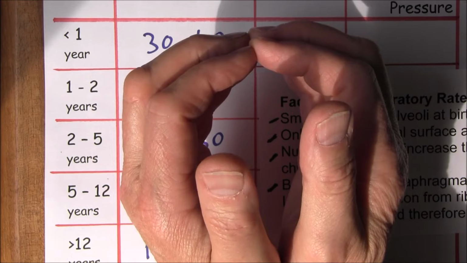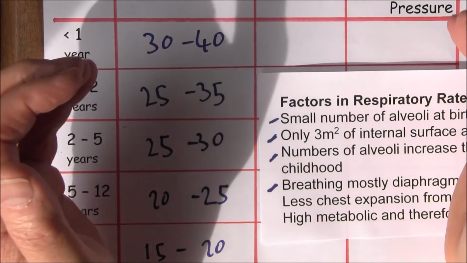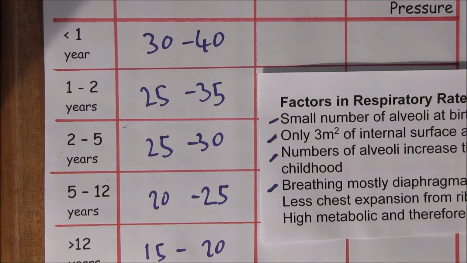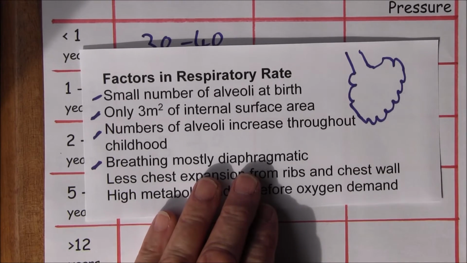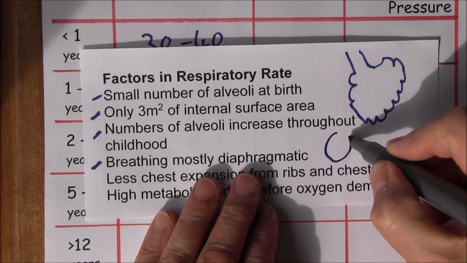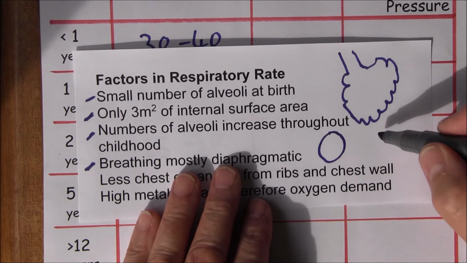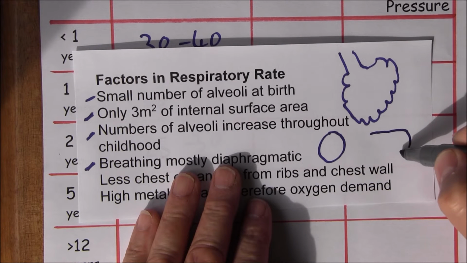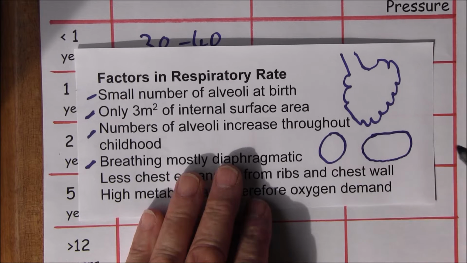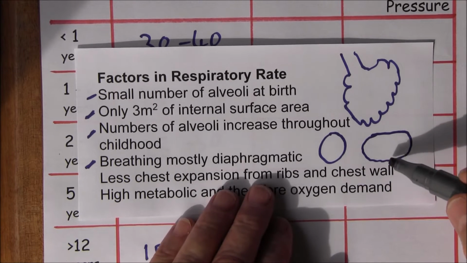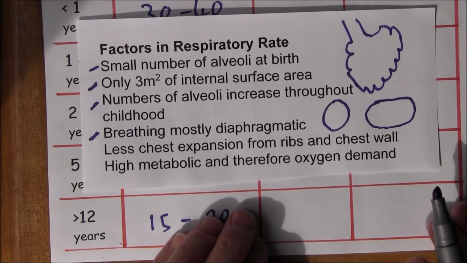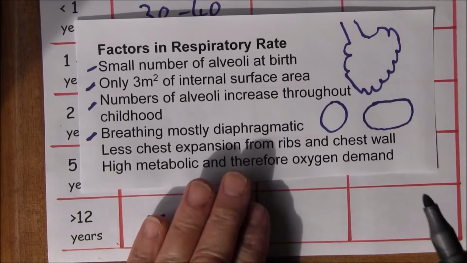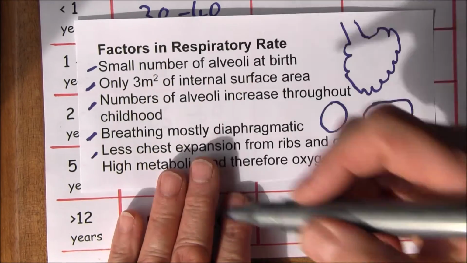But as we grow older, the chest becomes broader in relation to its depth. For the young child, the chest is almost circular and the chest wall doesn't work very efficiently. So in young children, there's less expansion from the ribs and the chest wall.